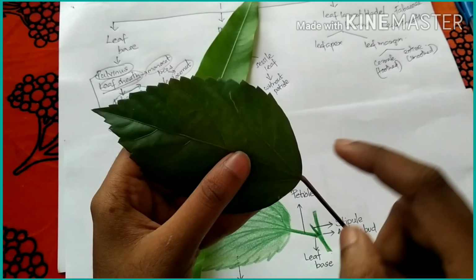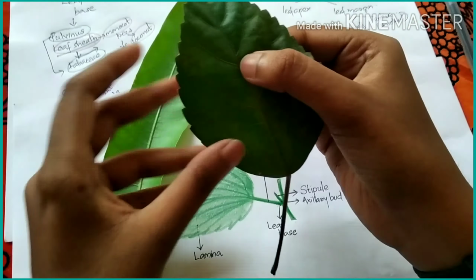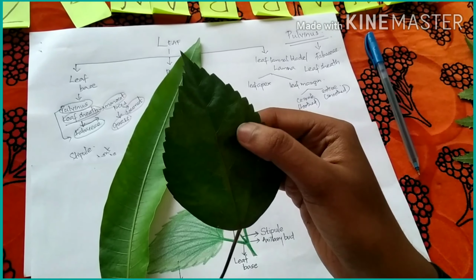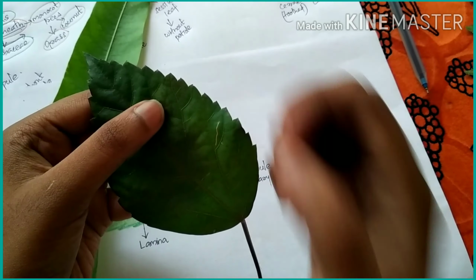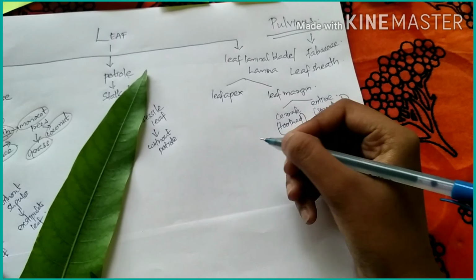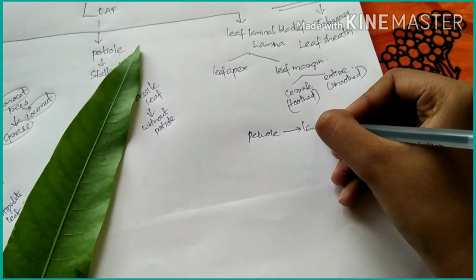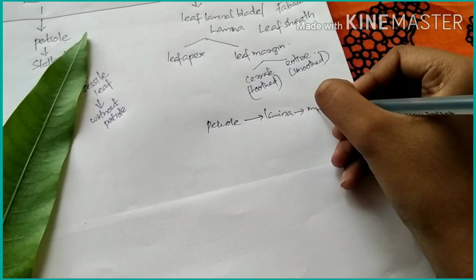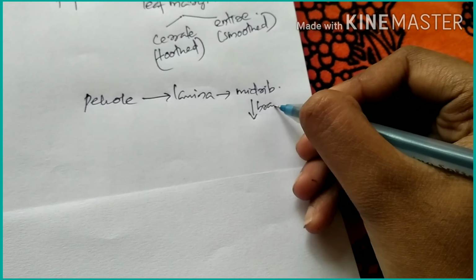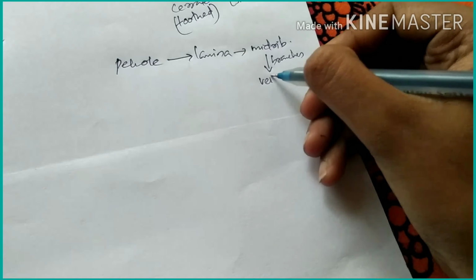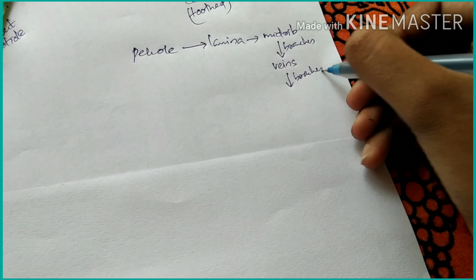The branches of the midrib are called the veins, and the further branching of the veins is called the veinlets.